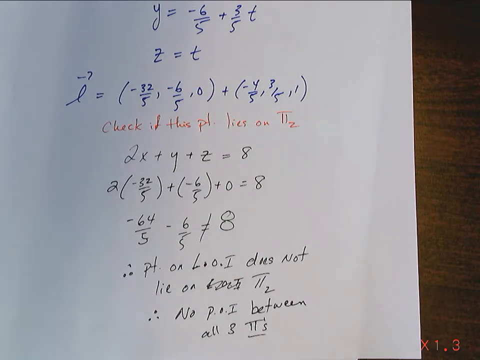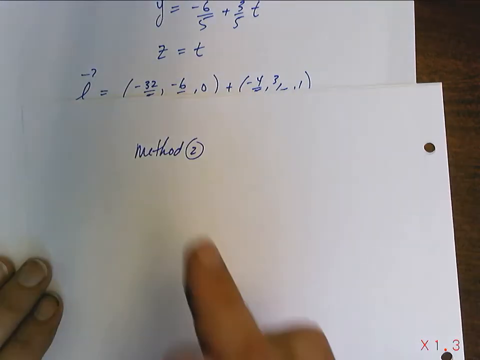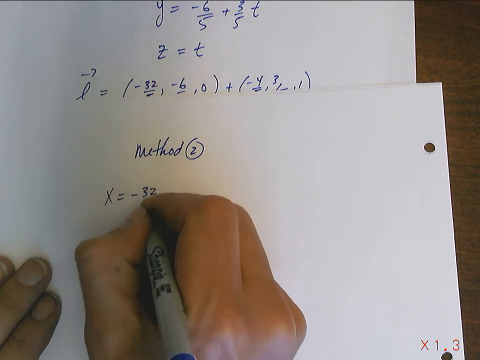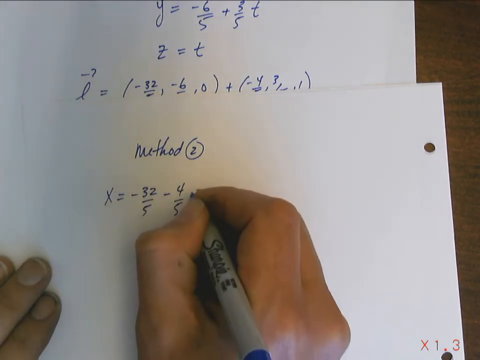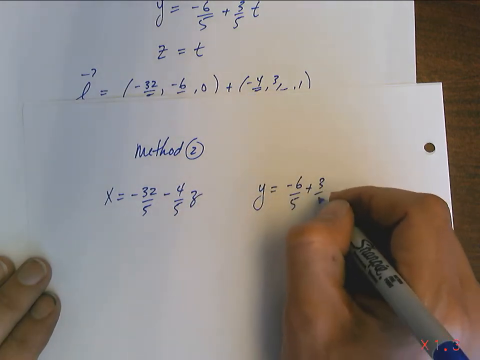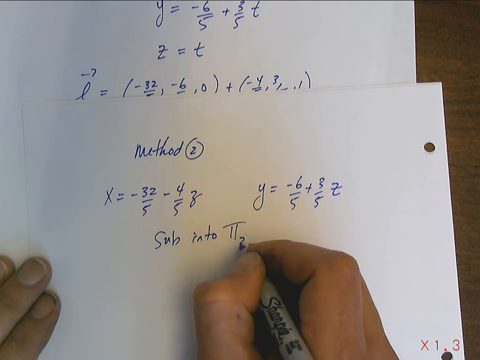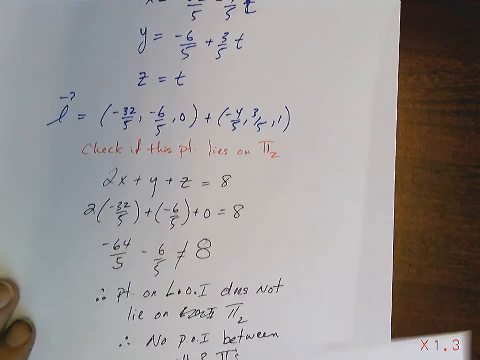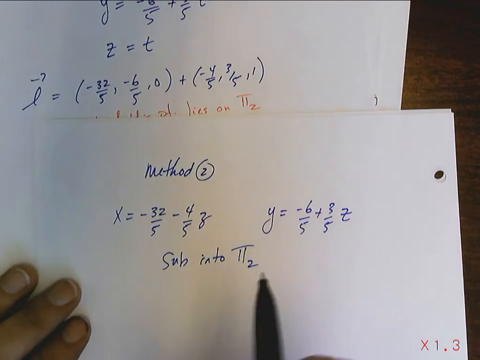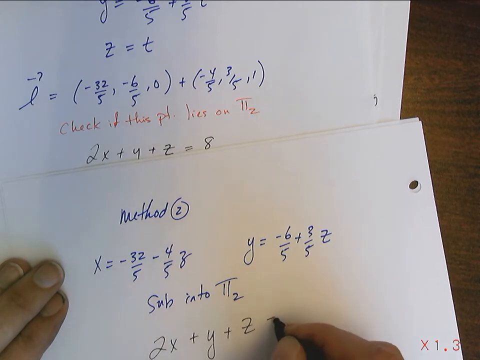Your other choice, of course, at this point, is method 2, just because I'm all about choice. Method 2 was to take our x that equals negative 32 over 5 minus 4 over 5 z, and our y that equaled negative 6 over 5 plus 3 over 5 z, and sub into the second plane. So again, the second plane was 2x plus y plus z equals 8.